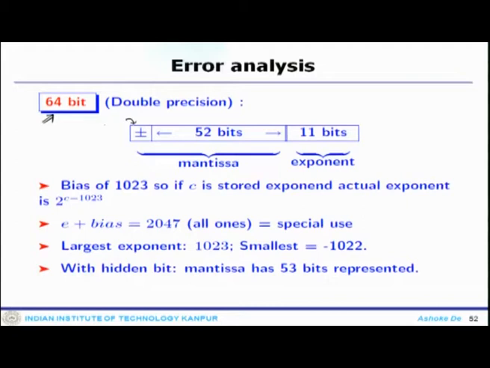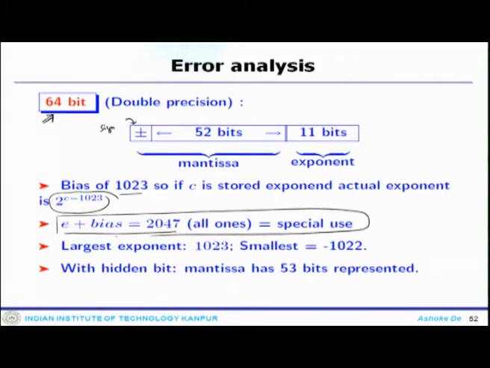Now, when you go to 64-bit precision, or rather the double precision system, 1 bit is again assigned for the sign, 52 bits assigned for the mantissa, 11 bits for the exponent. So, the bias is 1023. So, if C needs to be stored, the actual exponent is 2 to the power C minus 1023. In mathematical terms, E plus bias is 2047.